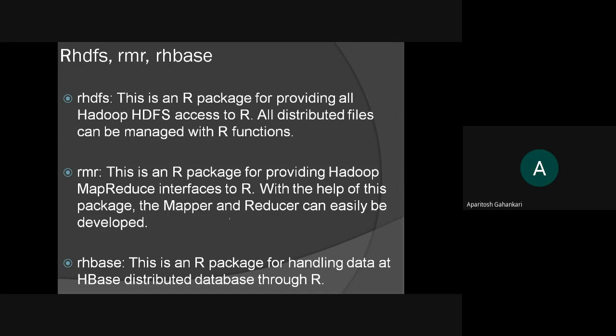Okay, so RHDFS is the R package for providing all the Hadoop HDFS access to R, and all the distributed files can be managed with the R functions which are defined in RHDFS. Okay, then the second package is RMR. So this package is providing the MapReduce interface to R. So with the help of this package, the mapper and the reducer can easily be developed.